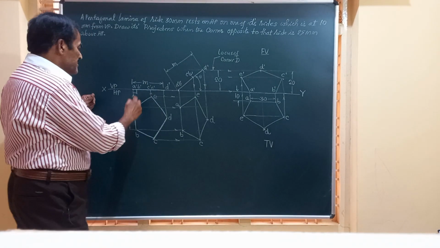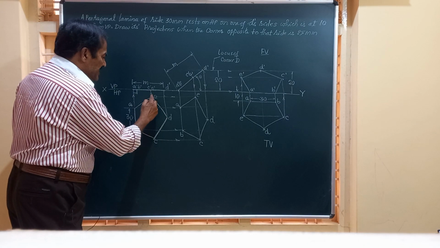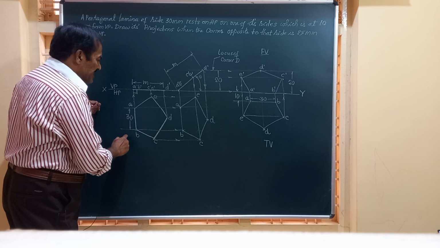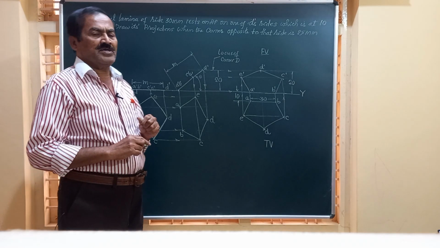Friends, here I have constructed a regular pentagon ABCDE of side 30 with the side AB perpendicular to VP.